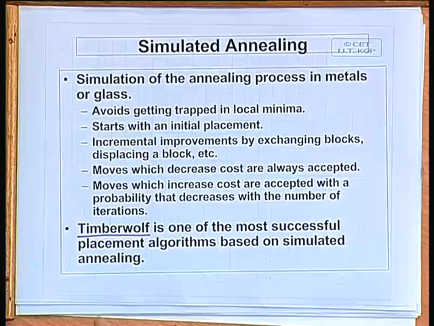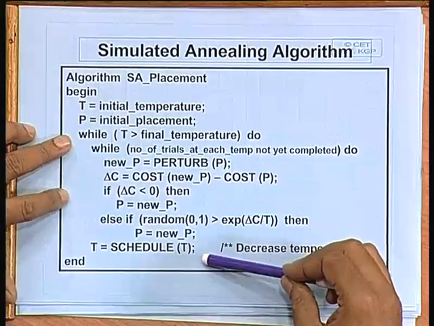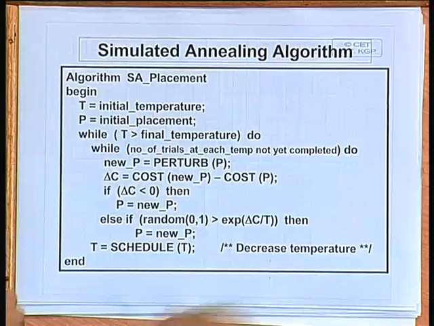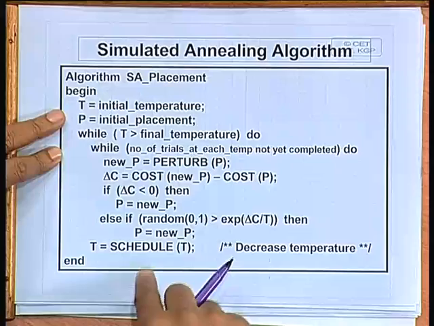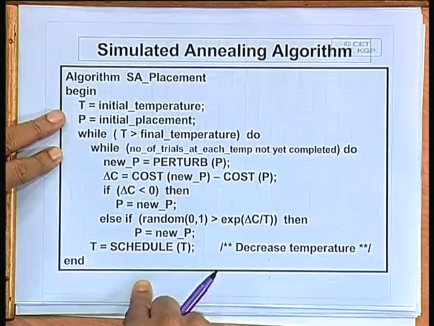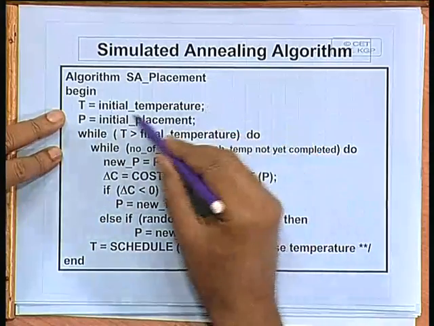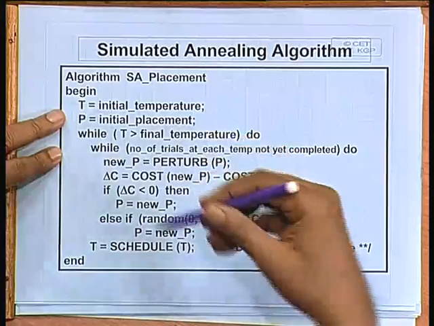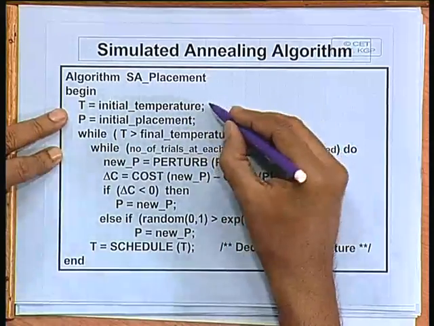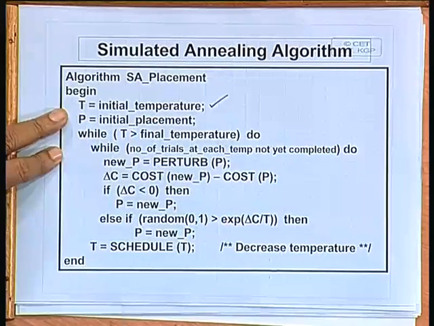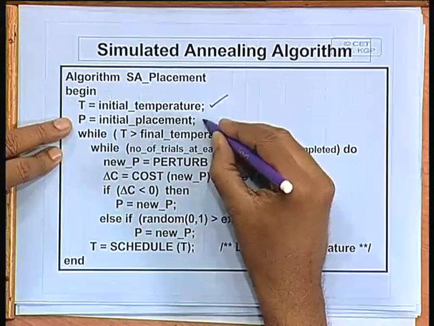Okay. So, first let us look at the broad structure of the algorithm. In this algorithm I am using the nomenclature which was used in the Timber-Wolf documentation. They called this temperature. In terms of reality, it is just a variable with a value, but they call it temperature. Capital T is the initial temperature and P is an initial placement.